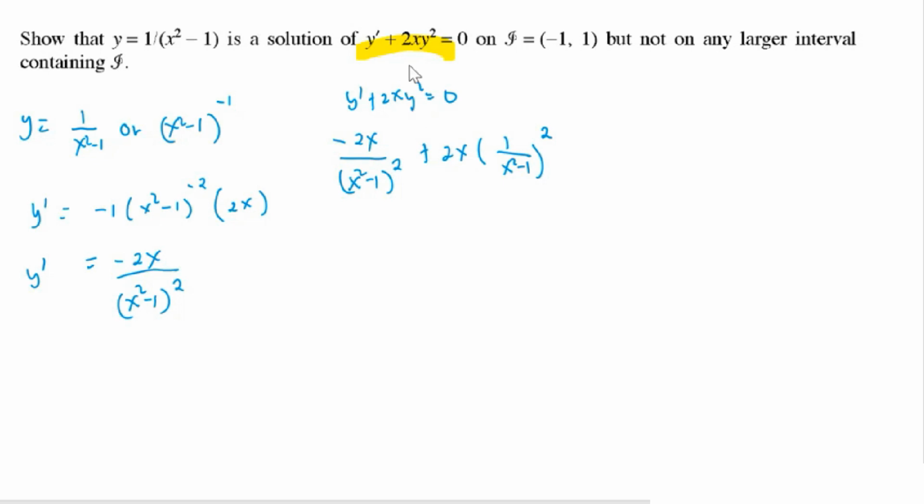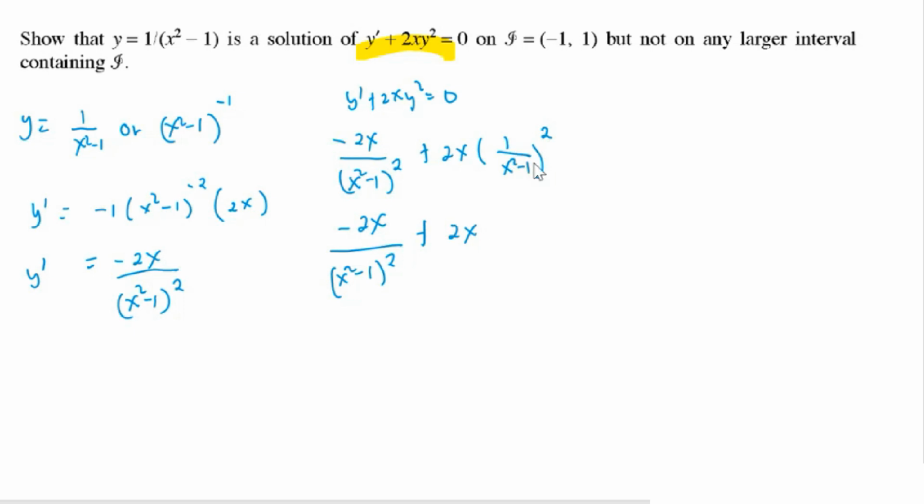Okay, so simplifying this, I will copy only the first term. We have negative 2x all over x squared minus 1 to the power of 2 plus, by using the distributive property, 2x, because 1 squared is just equal to 1.